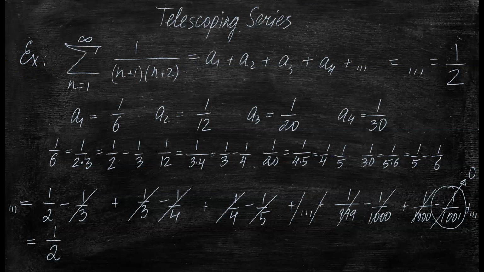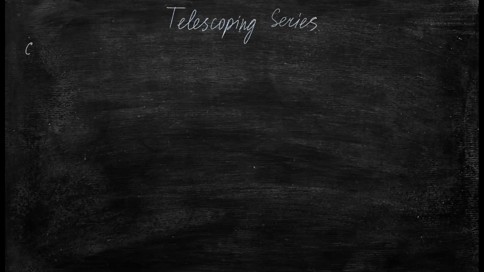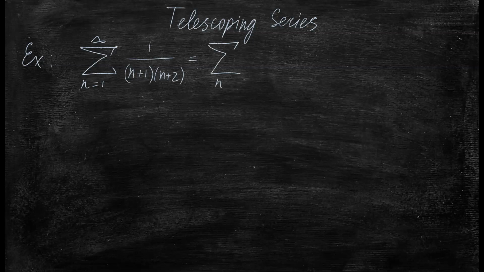Now, how do we explain this behavior using some reasoning other than observing patterns? So what just happened is that we noticed that this series can be rewritten like this.